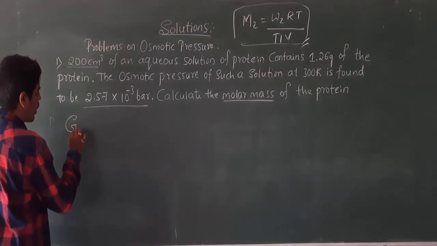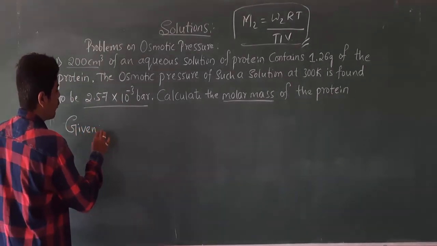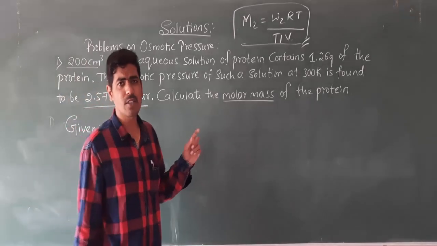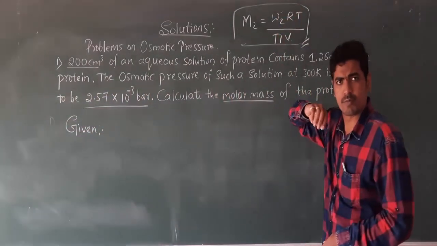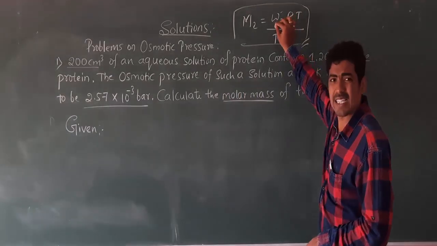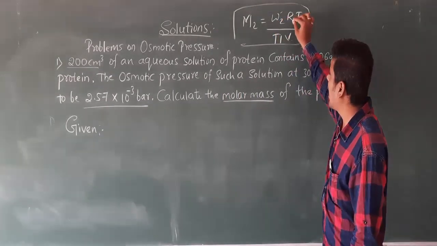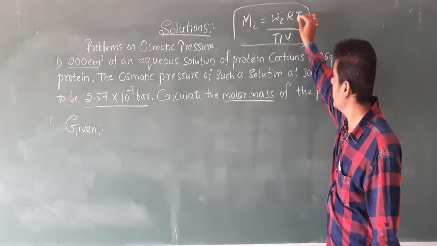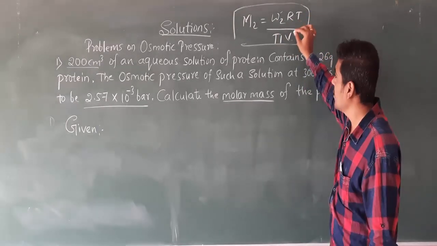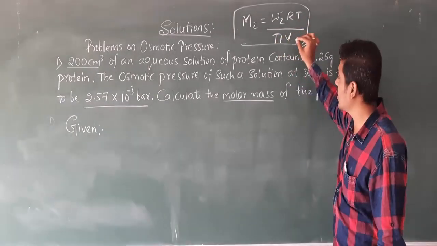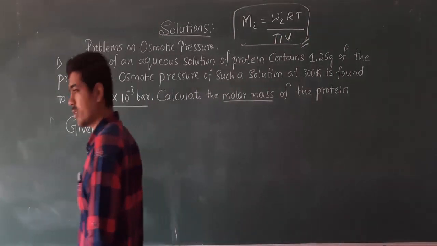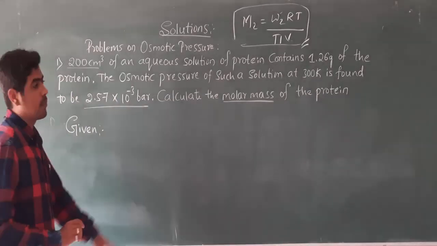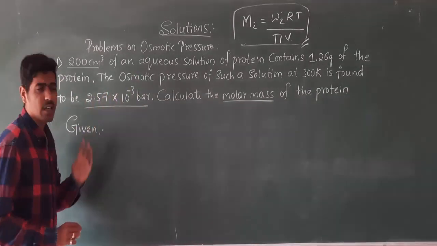We need W2, the mass of the solute, R the gas constant, T temperature, pi osmotic pressure, and V volume. So substitute all those values once you get them. But first, write down what they have given.